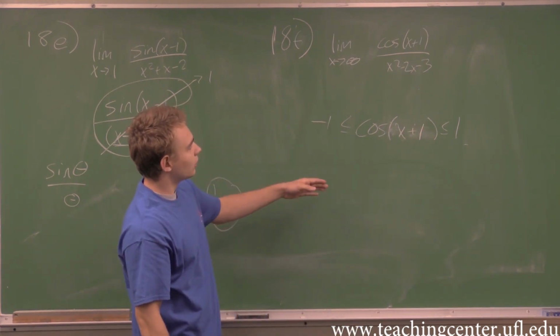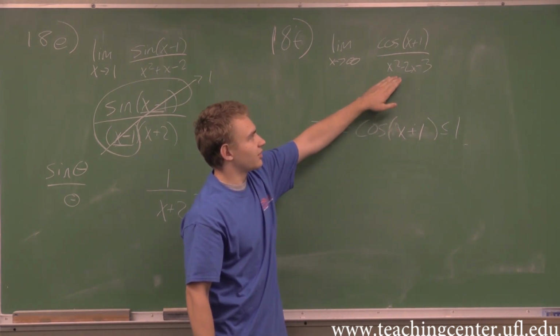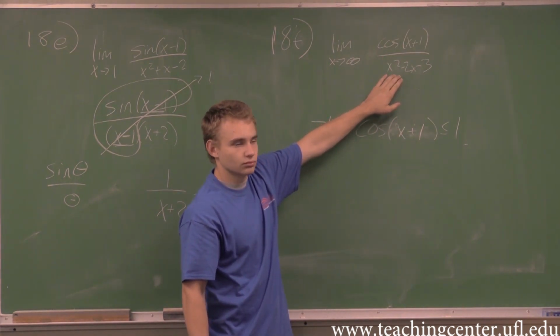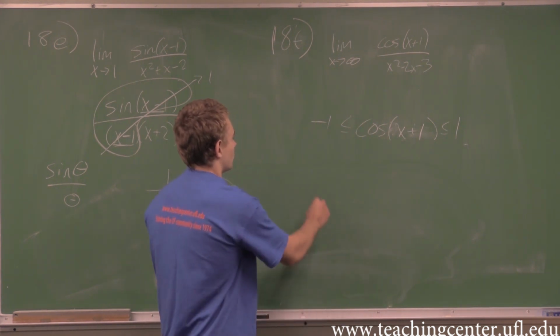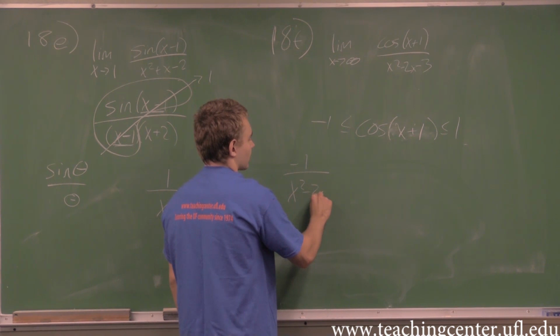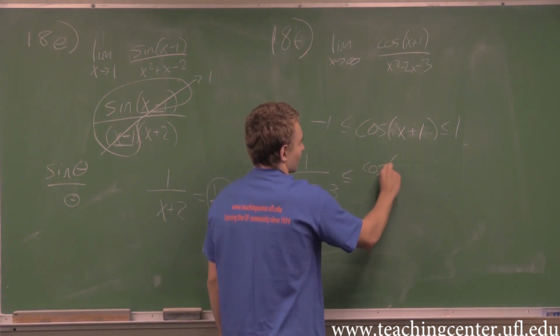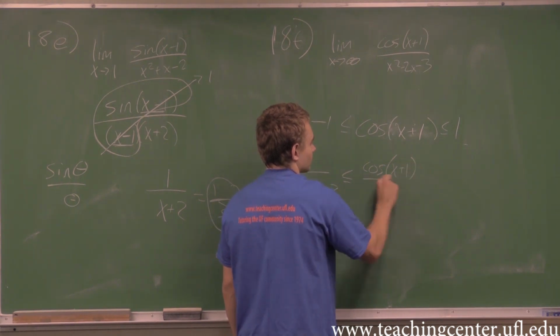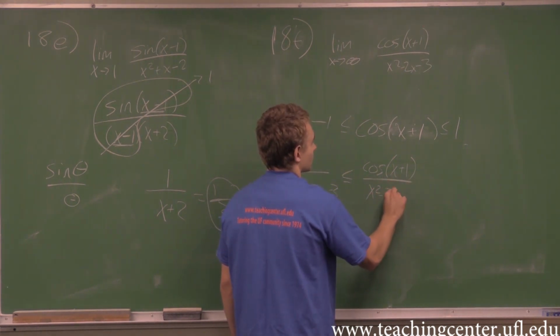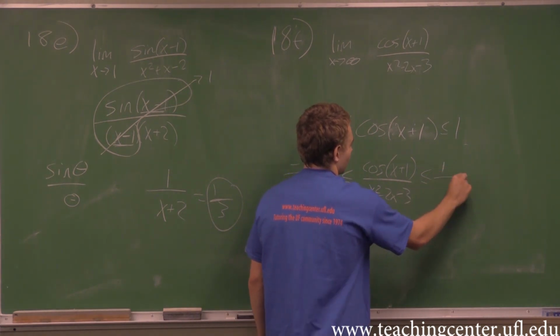All right, so now, if I want to get this in here, I need to divide everything by that. So -1 over x squared minus 2x minus 3 is less or equal to my function, which is less or equal to 1 over.